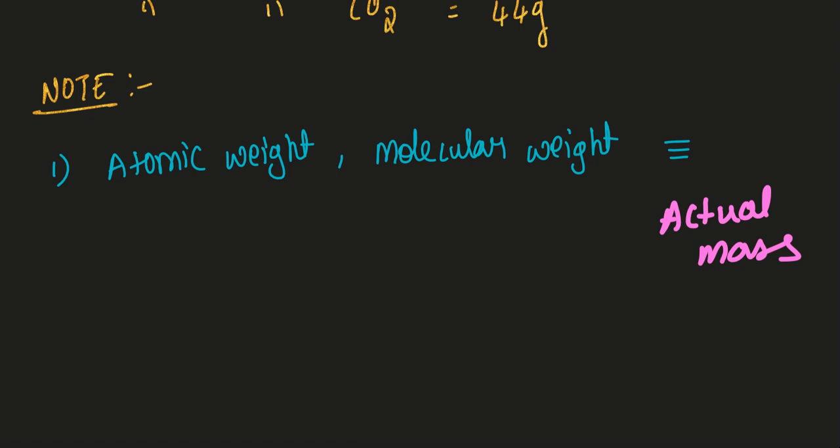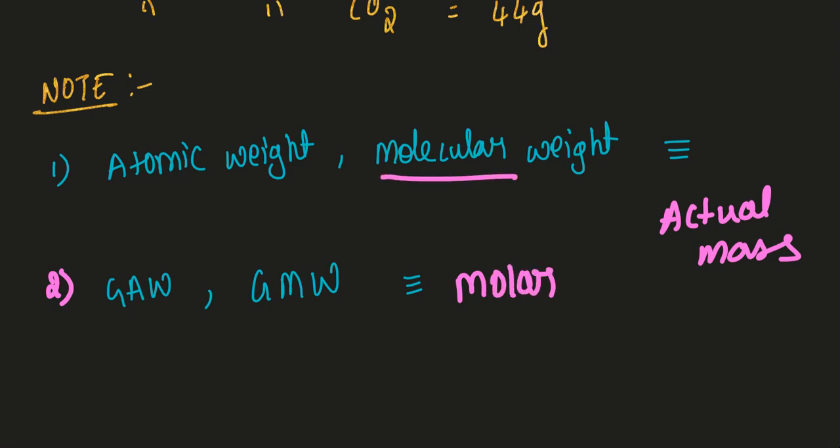In the same way, instead of using gram atomic weight and gram molecular weight, the latest word we are going to use is molar mass. Know the difference between molecular mass and molar mass.